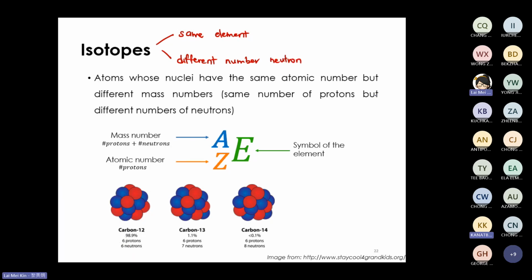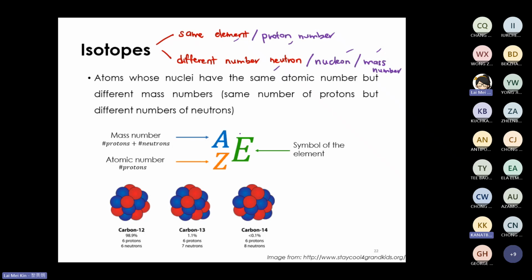Same element also means same proton number. Different number of neutrons can also mean different number of nucleons or different mass, the mass number. I give you alternatives, which means any of these keywords can be considered correct.